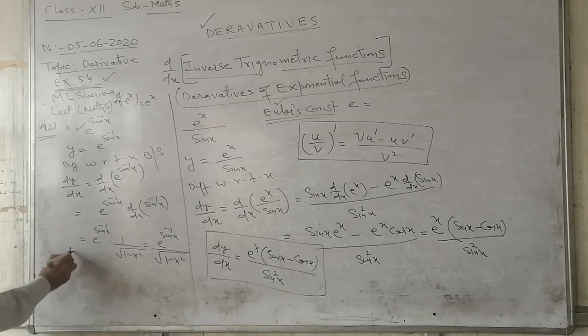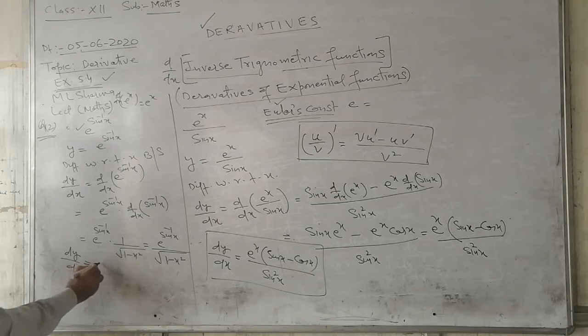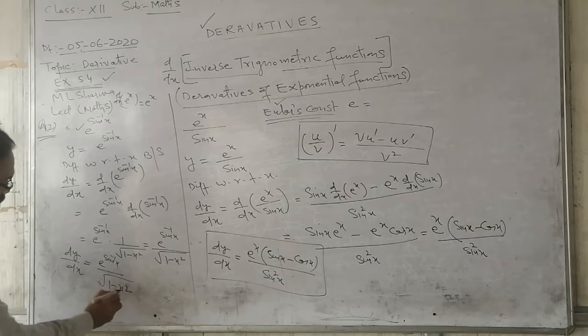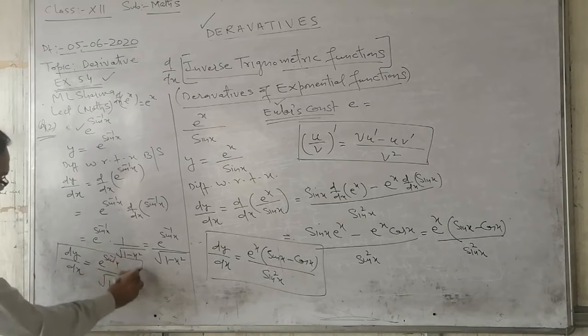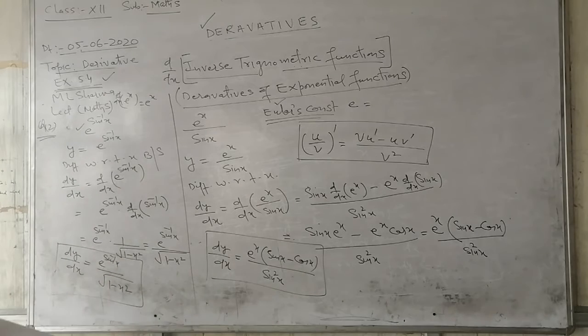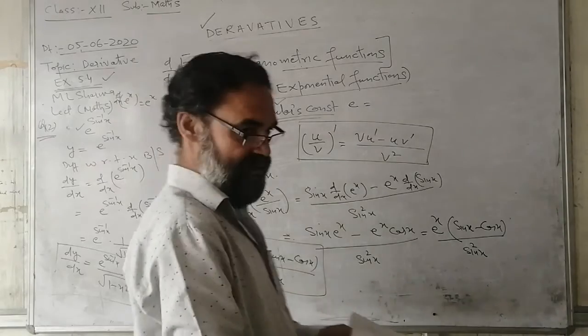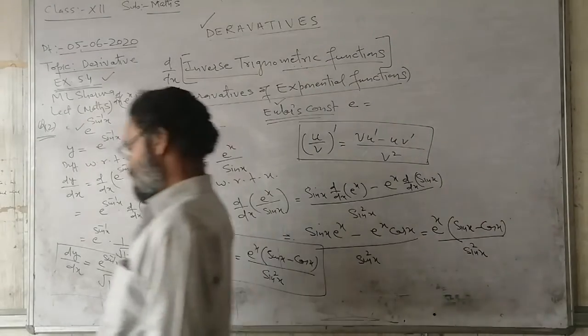So derivative of the given function is equal to e raised to power sine inverse x upon under root 1 minus x square. So in this way, this exponential function, its derivative is calculated.